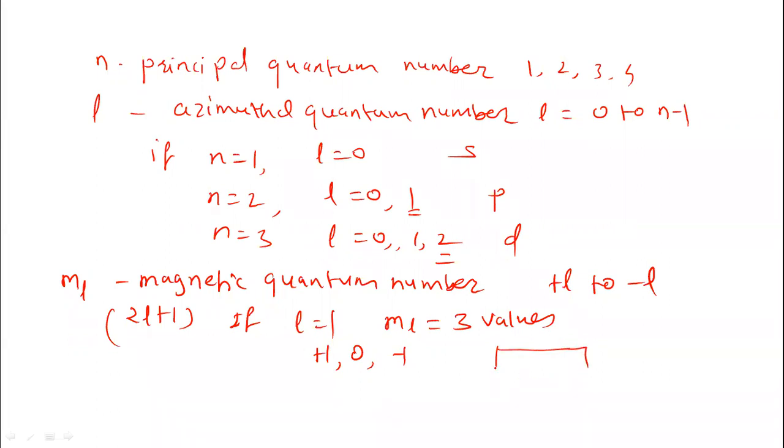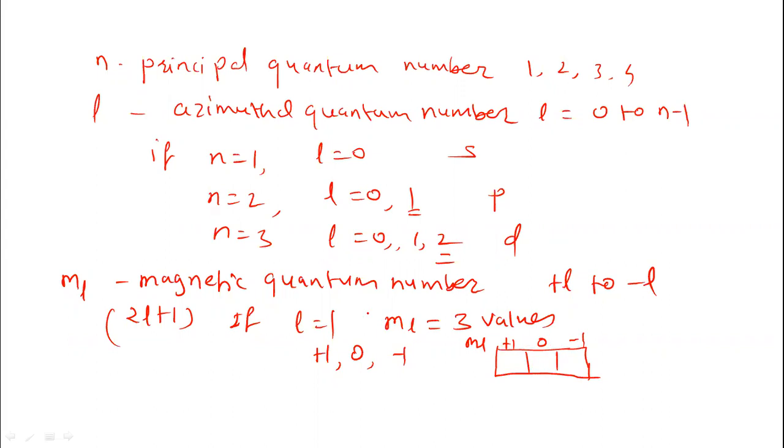So for the p orbital, L equal to 1, the ML values are plus 1, 0, minus 1, like that, plus 1 to minus 1. So this is about the magnetic quantum number.